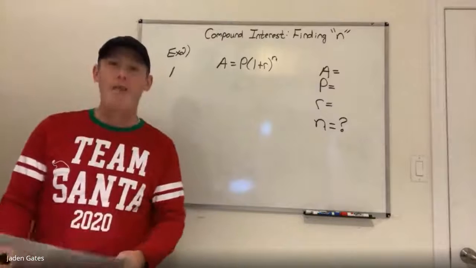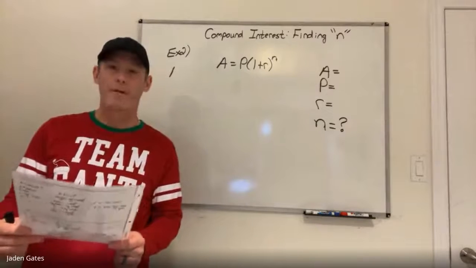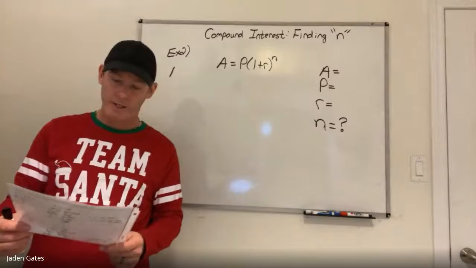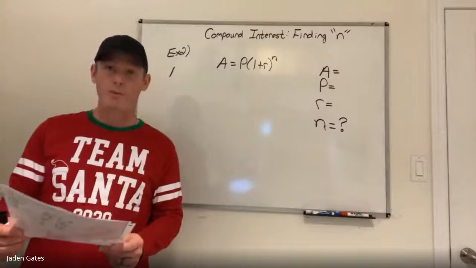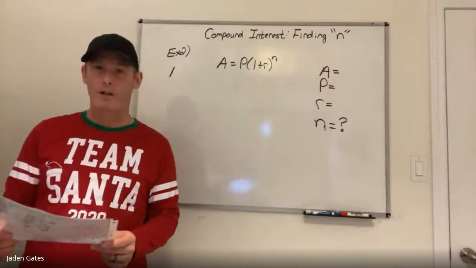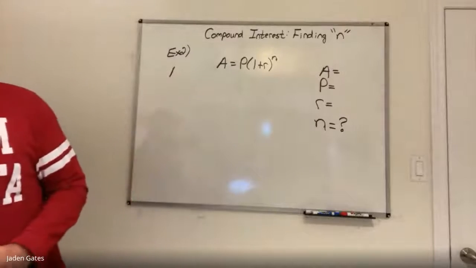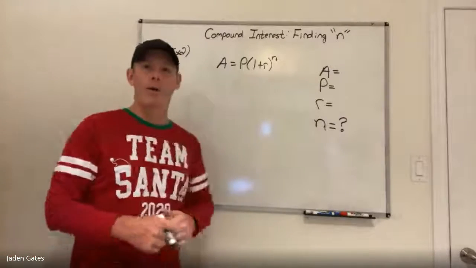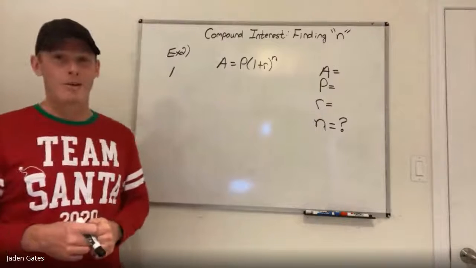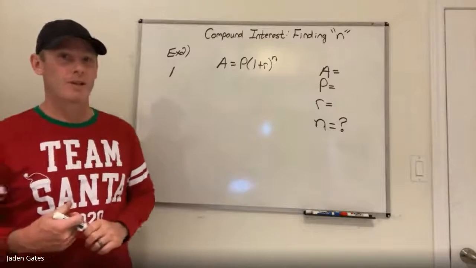All right, so example number 2 now. It says if $1,000 was borrowed at a rate of 14% compounded annually, how long would it take for the balance to become $23,000? All right, so again, filling in our variables here. We're borrowing $1,000, and at what point does the bill become $23,000? That's not good.